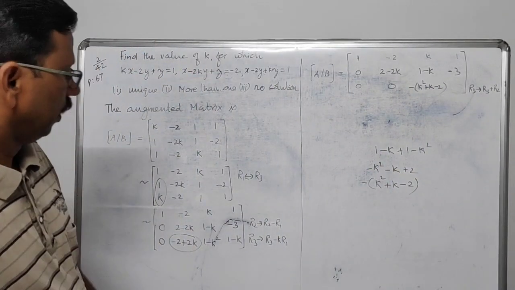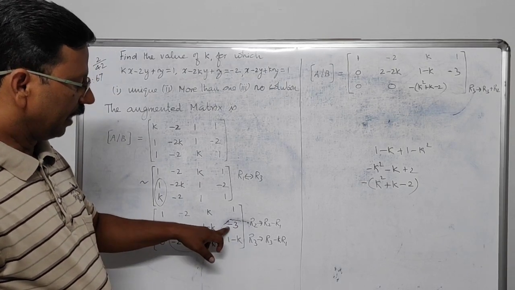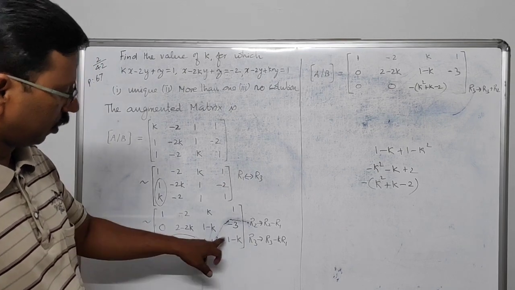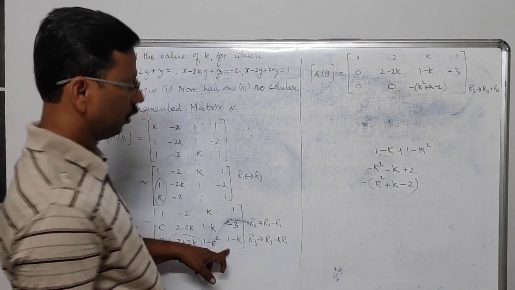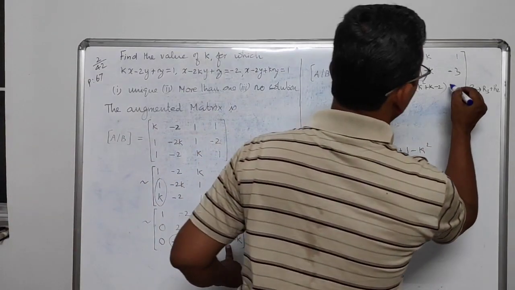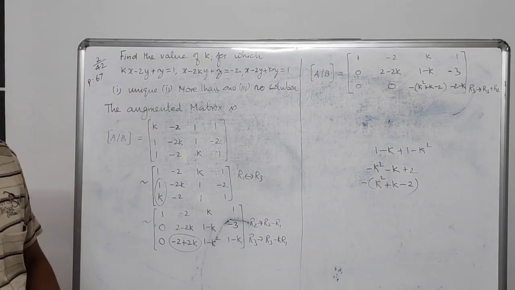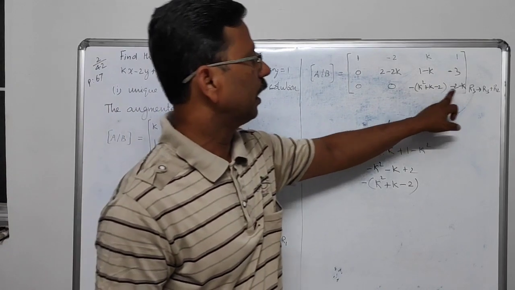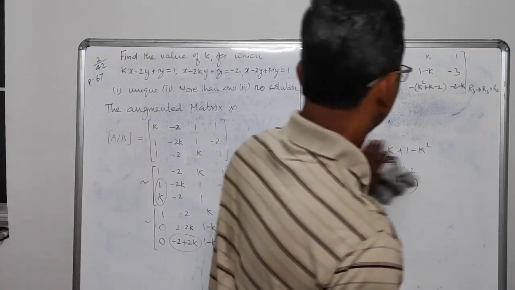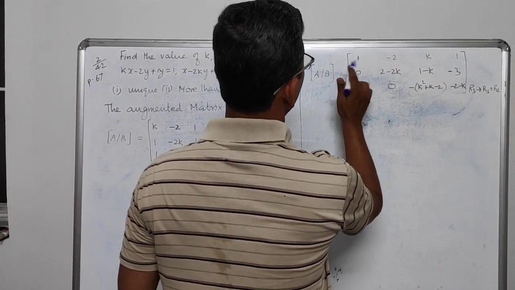Then adding these two, that is 1 minus k minus 3, means minus k minus 2. If you add these, getting minus 3 plus 1, you can write minus 2 minus k. Since all the elements are negative, you can multiply throughout by the minus sign. Then you will get this equivalent form.